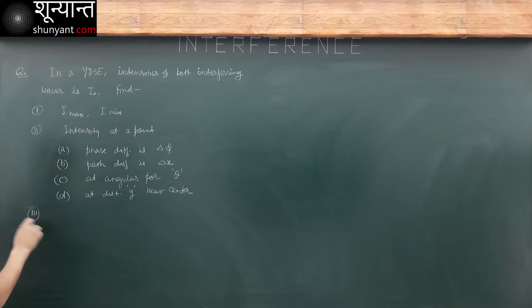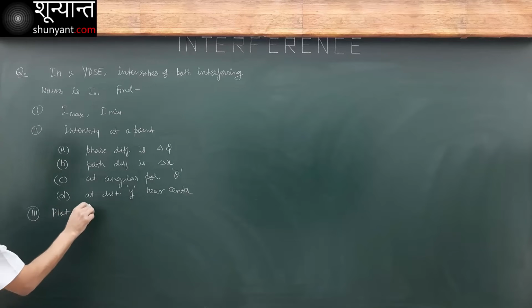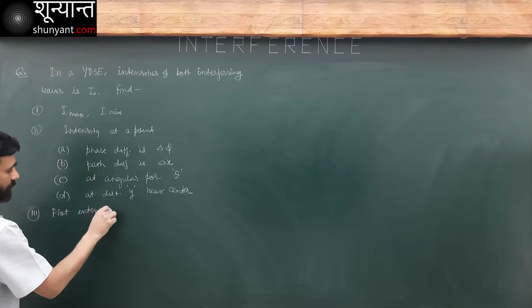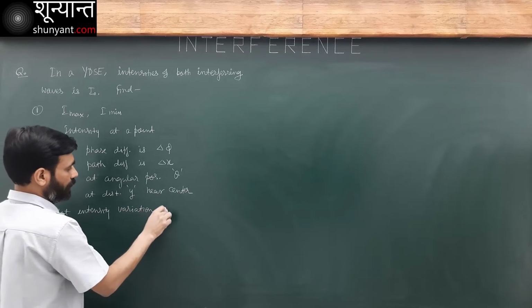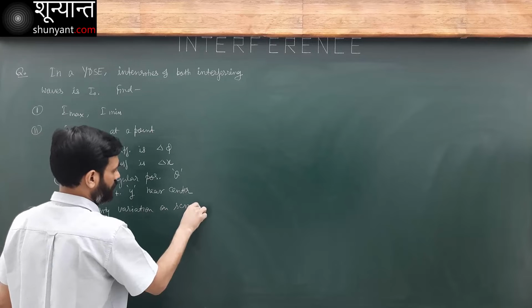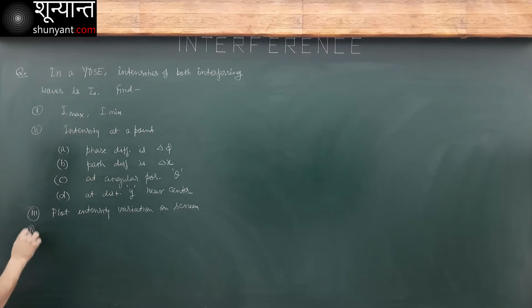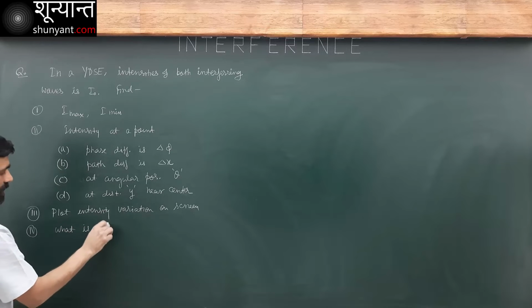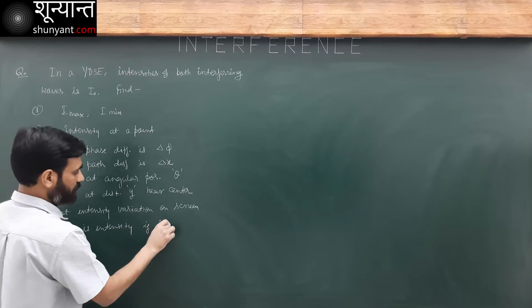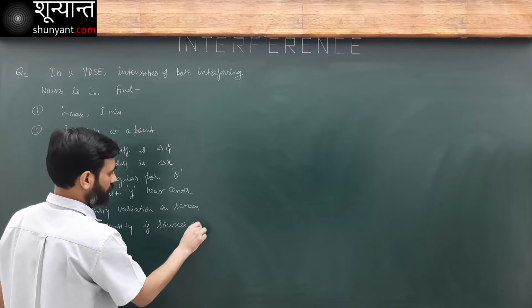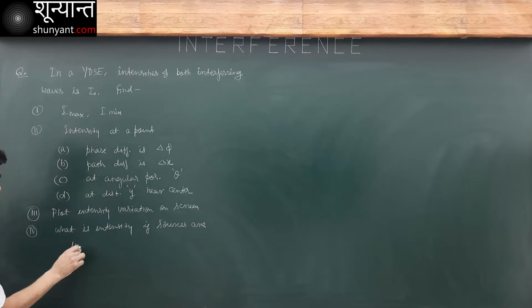Next, plot intensity variation on the screen. What is intensity if sources are incoherent?